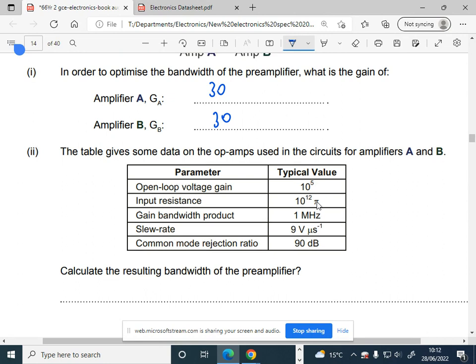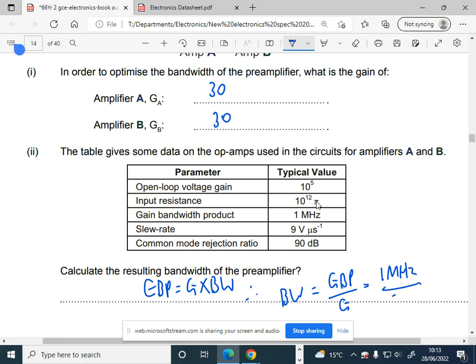Of course we can. This is bog standard stuff. Gain bandwidth product is gain times bandwidth. We want to find the bandwidth. Therefore, the bandwidth is gain bandwidth product over gain, which in this particular case is 1 megahertz over 30, which is obviously a 30th. That's 33 kilohertz.